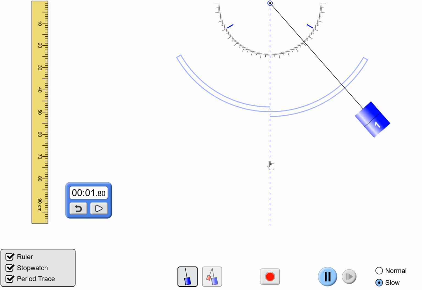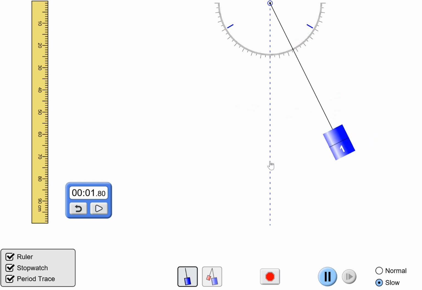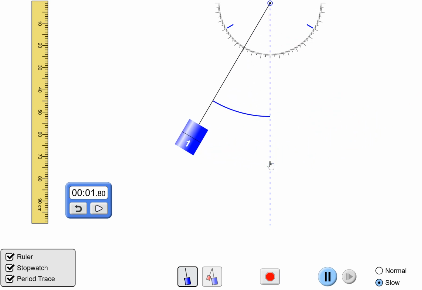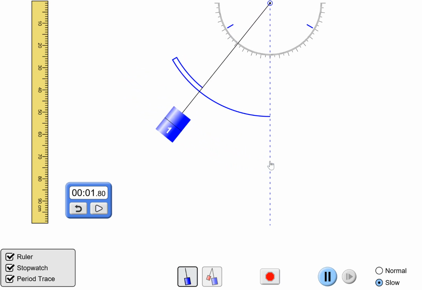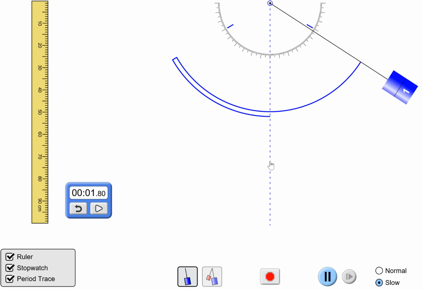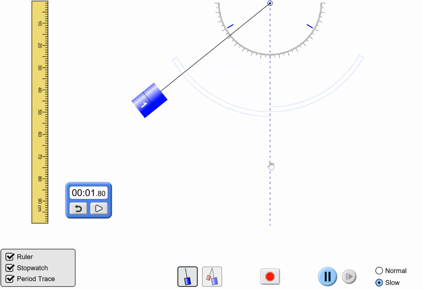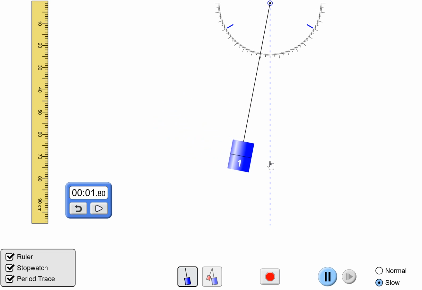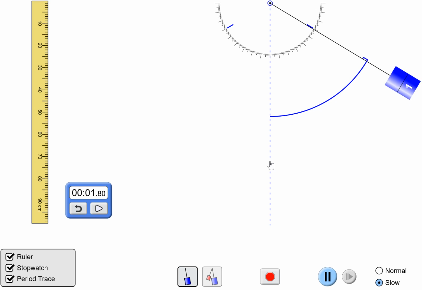I'm so close probably because I'm viewing perpendicular to the plane of oscillation and right in front of the marker or the pointer, that blue dotted line. Apart from that, the oscillation is very slow. Had I timed the normal oscillations, definitely I would have made a larger error, the reason being that the time between switching on the stopwatch and switching off the stopwatch would have been very small.